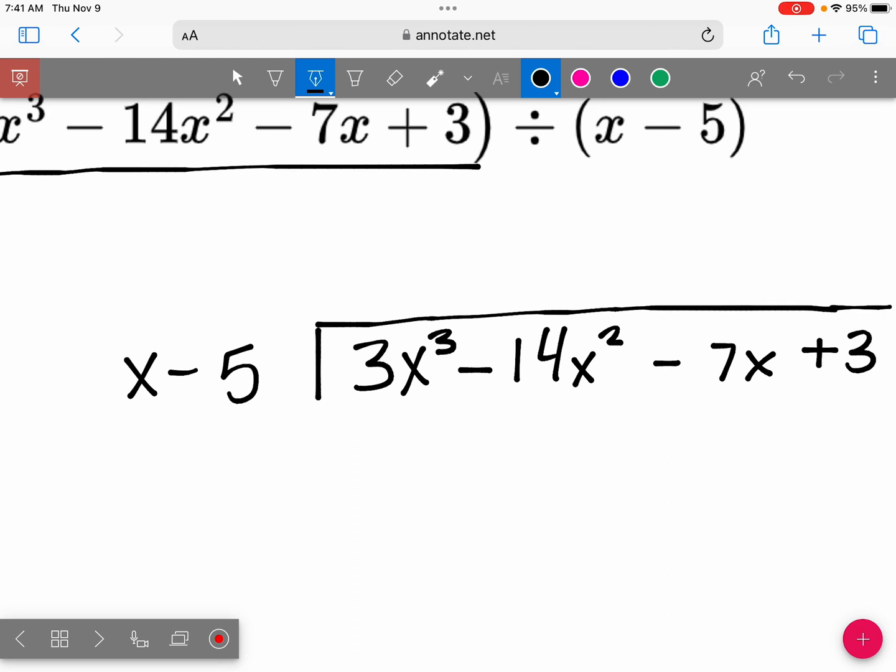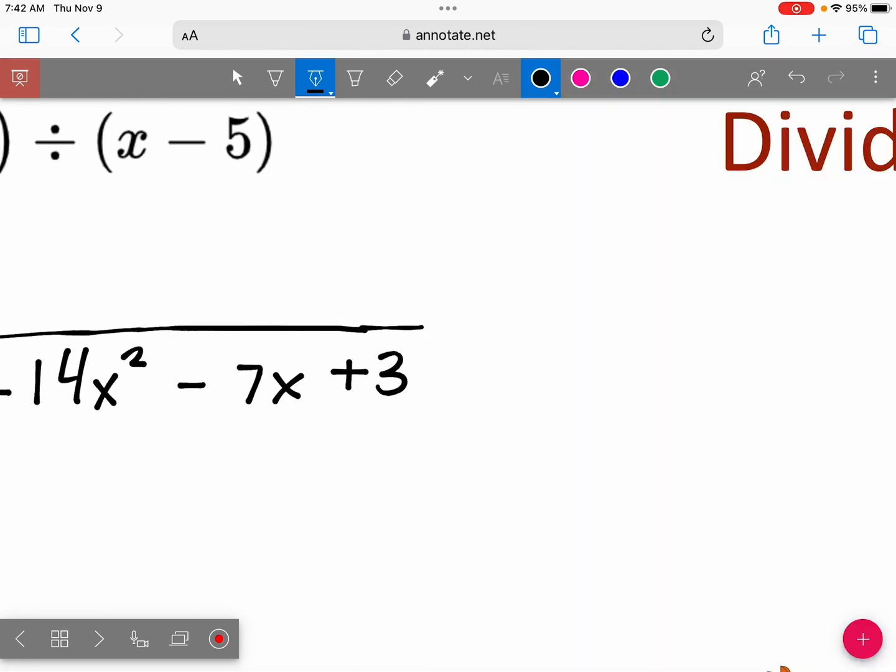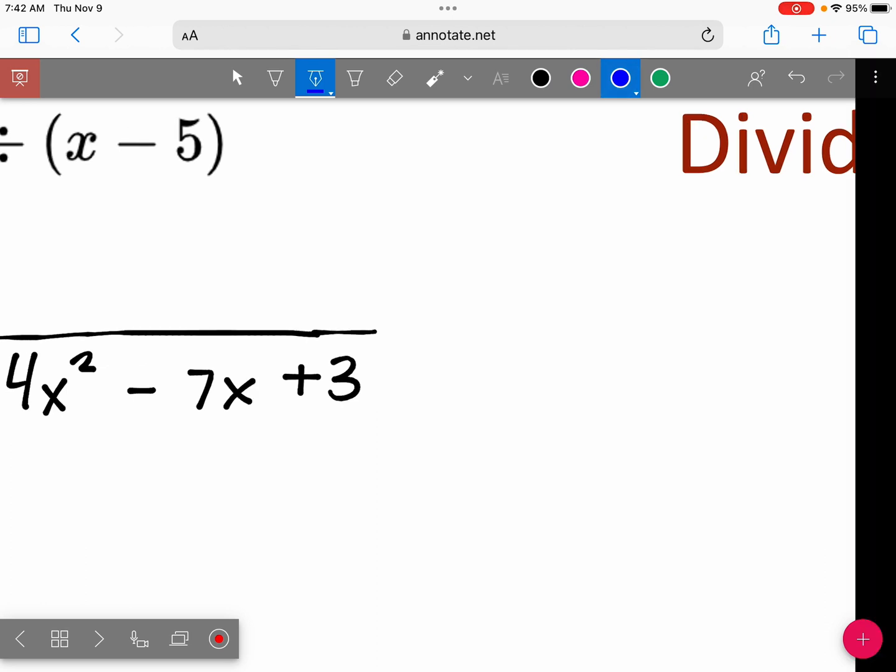And then what we're going to do is we're going to look at our first term and our first term. So first term of what we're dividing by and first term of what we're dividing. So you can either think of it as 3x cubed divided by x, or x times what gives us 3x cubed. Sometimes it's helpful to write out the little baby fraction.